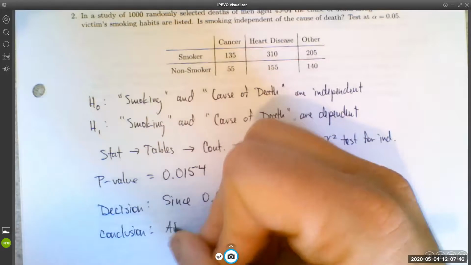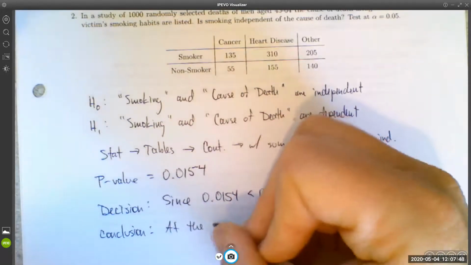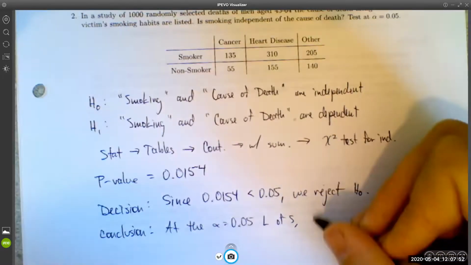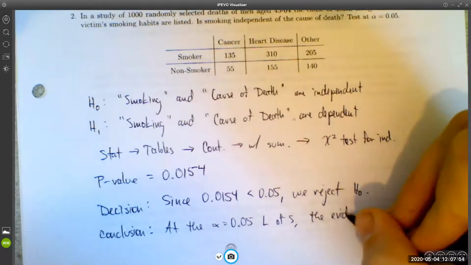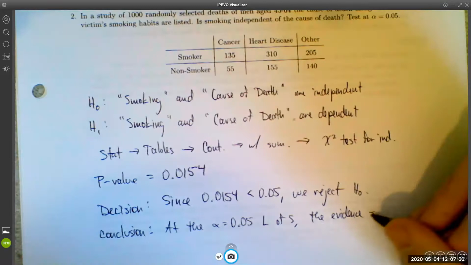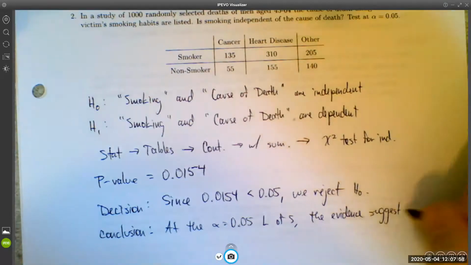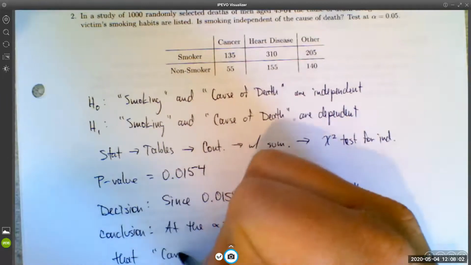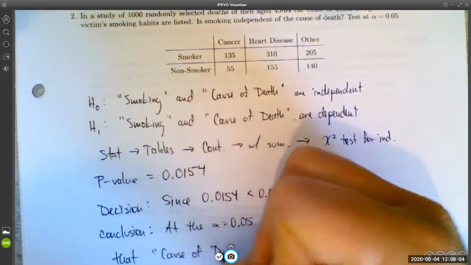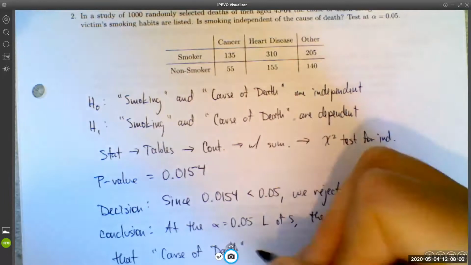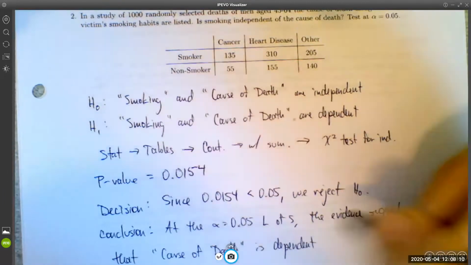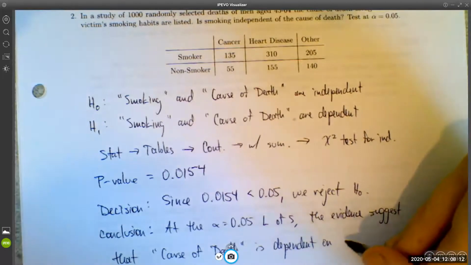At the 0.05 level of significance, the evidence suggests that cause of death is dependent on smoking habits.